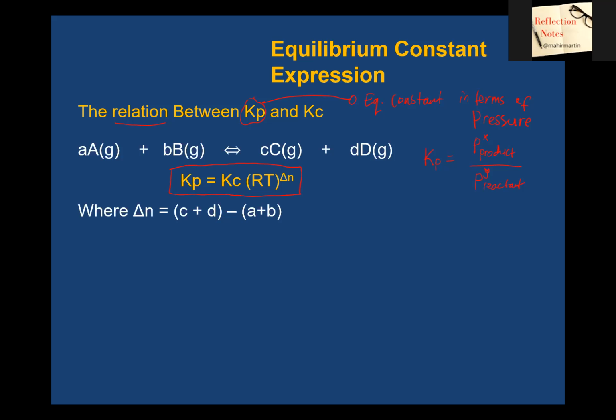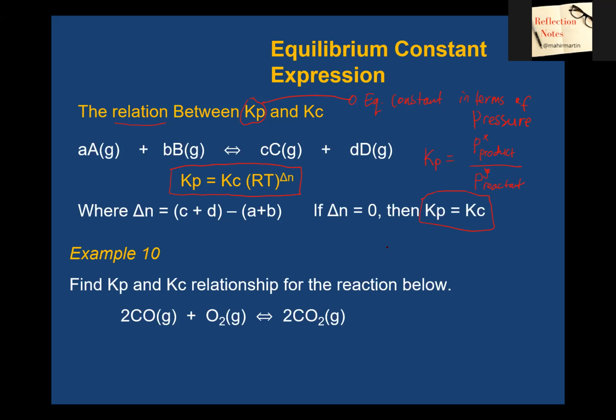It is also clear. So if we see the formula here, if delta N is 0, what does it mean? If it is 0, then RT to the power 0 will be 1, then Kp will be equal to Kc if delta N is 0. This is also clear mathematically.